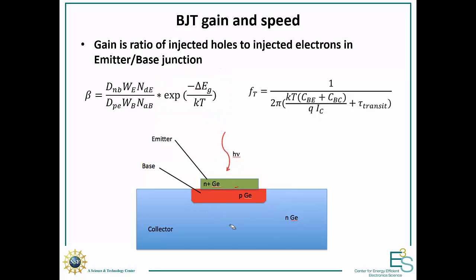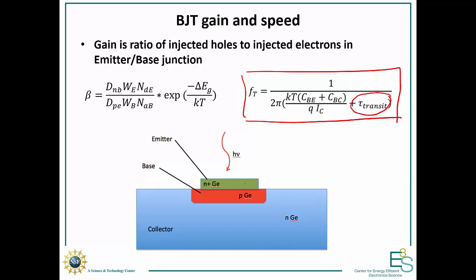Obviously, one of the most important factors here is going to be the speed of the transistor, because we want it to be able to follow very high data rates. So what's the FT of a bipolar junction transistor? Well, you've got obviously the transit time, so that's roughly the time it takes for your electron to leave from your emitter and to make it all the way into your collector.